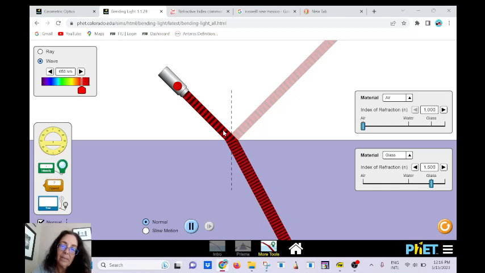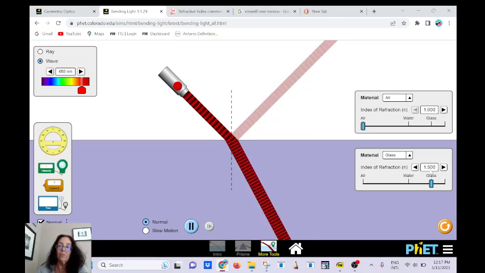As light enters this medium with a larger density, so a larger index of refraction, you see that the wavelength gets smaller. And if you do the math, the wavelength is actually divided by 1.5.